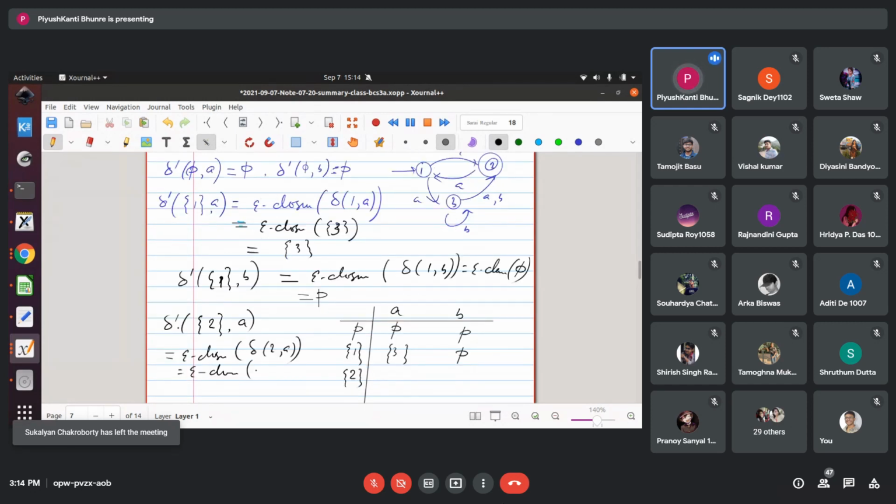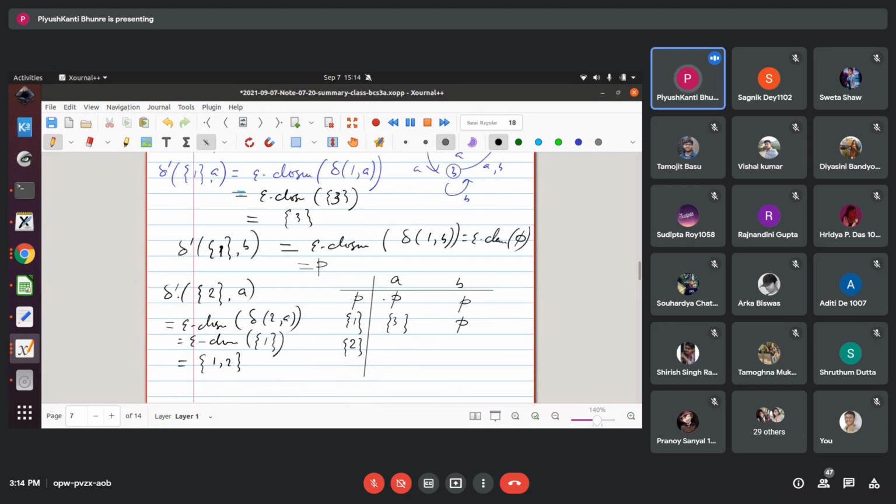Okay, I write 1 here. And what is the epsilon closure of 1? This is 1 and 2. Okay. So I write 1, 2.